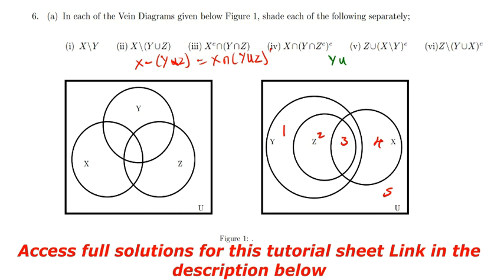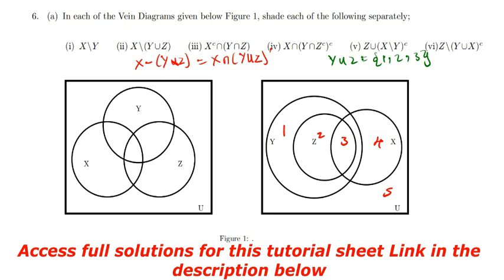Where is z? z is inside, so we're going to have 2, 3, and 1. Let me put them in ascending order: 1, 2, and 3. That is going to be y union z.